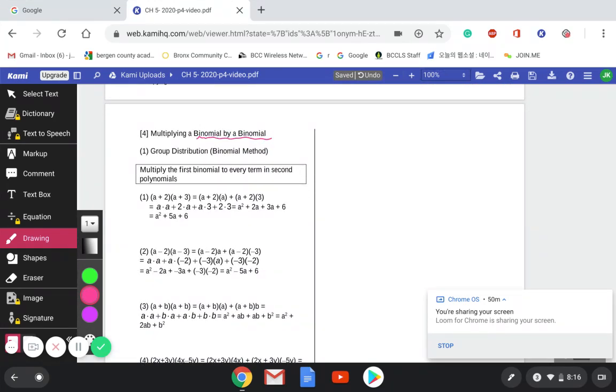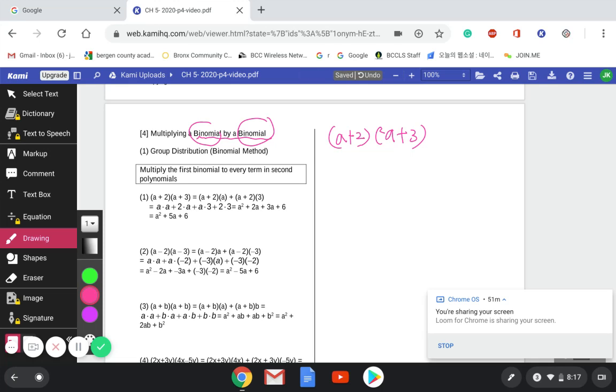Now, how about binomial times binomial? So we are done with the monomial. So now we are doing binomial multiplied by binomial. Sometimes we call this one group distribution, since you have a binomial a plus 2 multiplied by a plus 3.